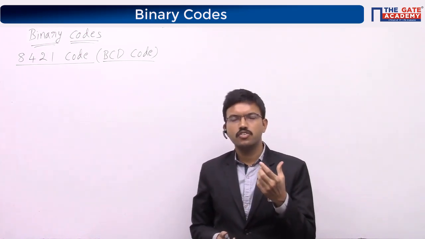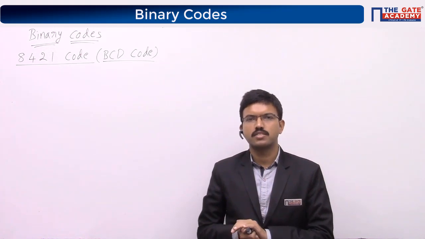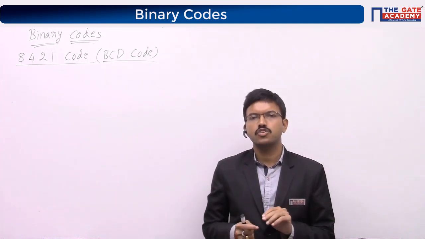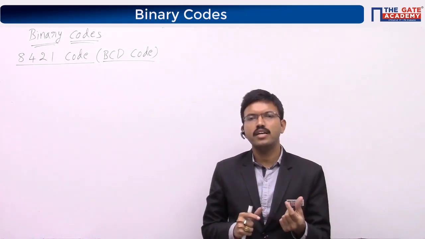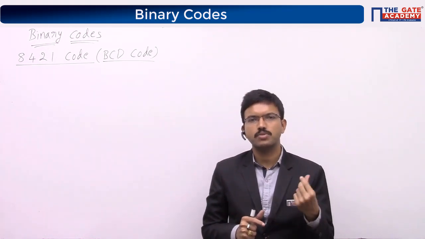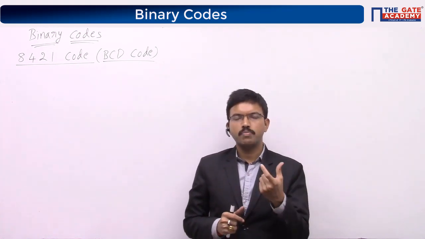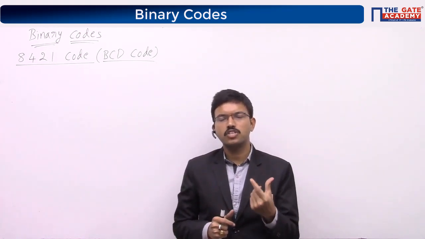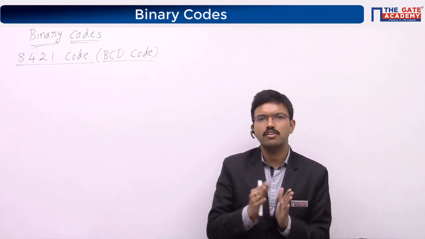Alphanumeric code means you are having a binary code that can be used for representing both alphabets and numbers. Whatever keys you are pressing from the keyboard, you are having both alphabets and numbers. Internally, there will be a 7-bit code corresponding to each alphabet and number, a group or pattern of zeros and ones.